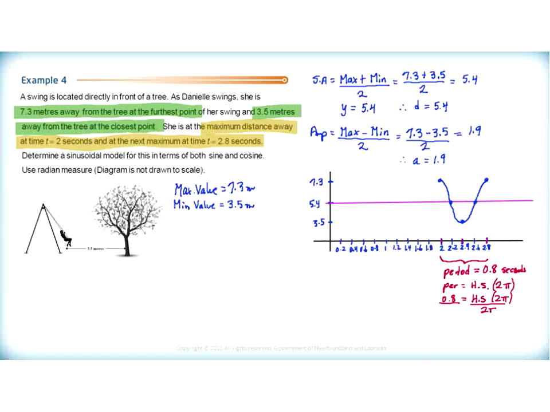You divide both sides by 2 pi, and you will have the horizontal stretch is equal to 0.8, which can be written as 8 over 10, divided by 2 pi, which is the same as multiplying by the reciprocal, 1 over 2 pi, and that is equal to 8 over 20 pi, which reduces to 2 over 5 pi. If that's the horizontal stretch, then the value of b in your equation will be the reciprocal of that, which is 5 pi over 2.